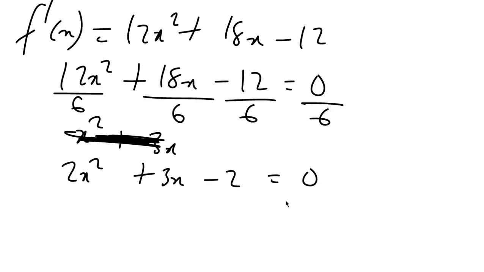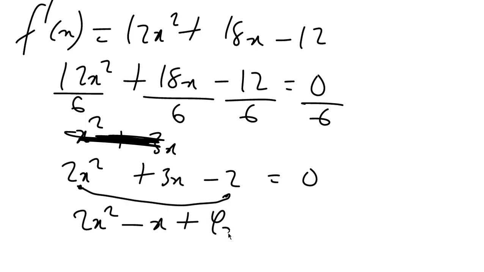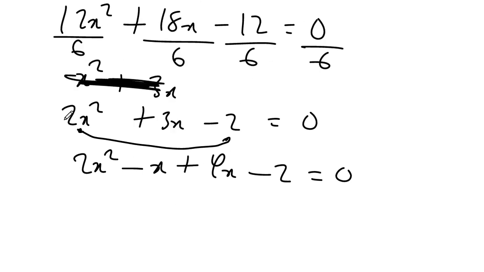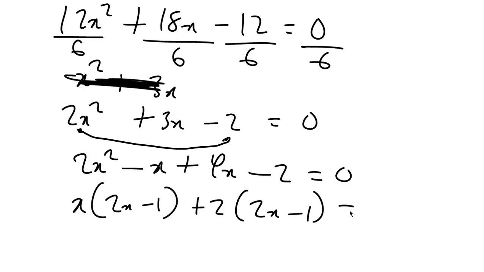So you look for two numbers that multiply to give minus 4, that's 2 times minus 2, and that add to give plus 3. That's simply minus 1 and plus 4, because minus 1 plus 4 is plus 3. So 2x squared minus x plus 4x minus 2 is equal to 0. On factorization, x is common: x into 2x minus 1 plus 2 into 2x minus 1 is equal to 0.